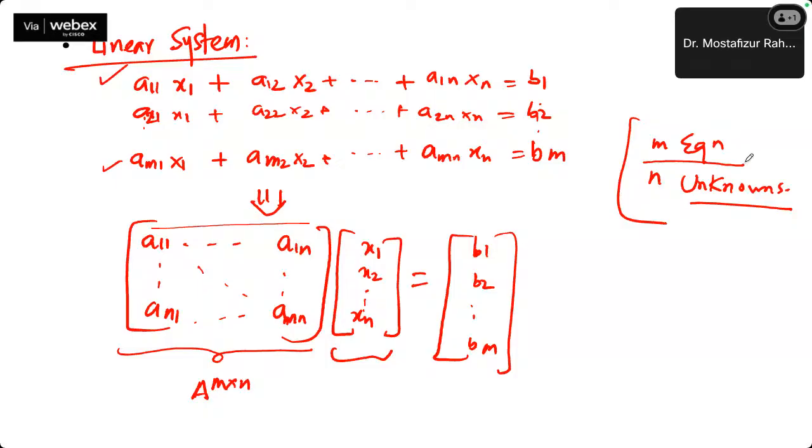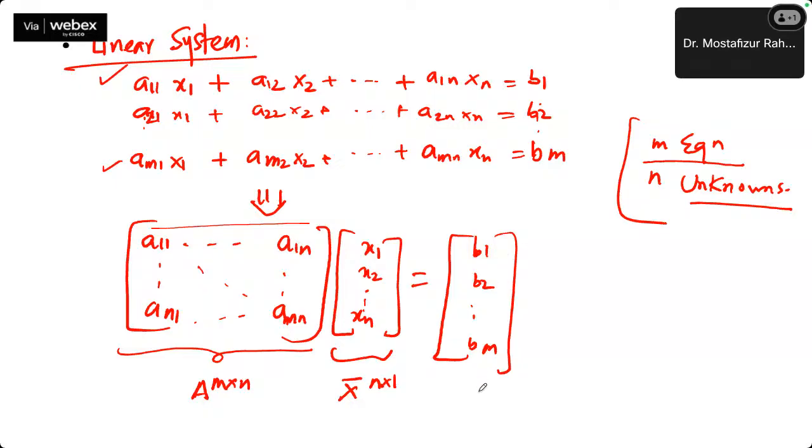Tomorrow we'll see some electrical engineering and chemistry applications where we are interested in finding such solutions. So this is A, m cross n, and this is your unknown x, which we call a vector. All the variables we club together and name it as a vector x bar, n cross 1.